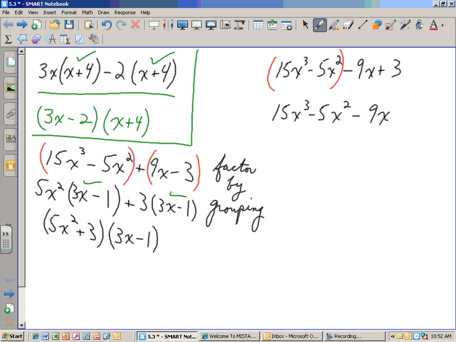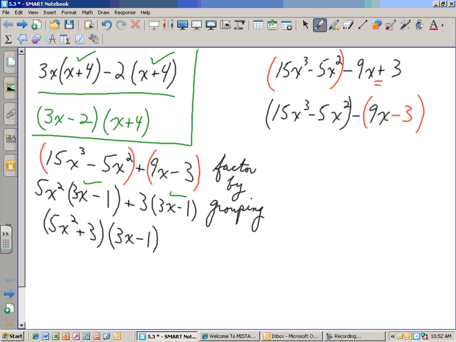And if I group these 2, there's no problem. But the second 2, if I'm going to put a parenthesis in back of the negative for the 9, I must change that sign to a negative. Okay?